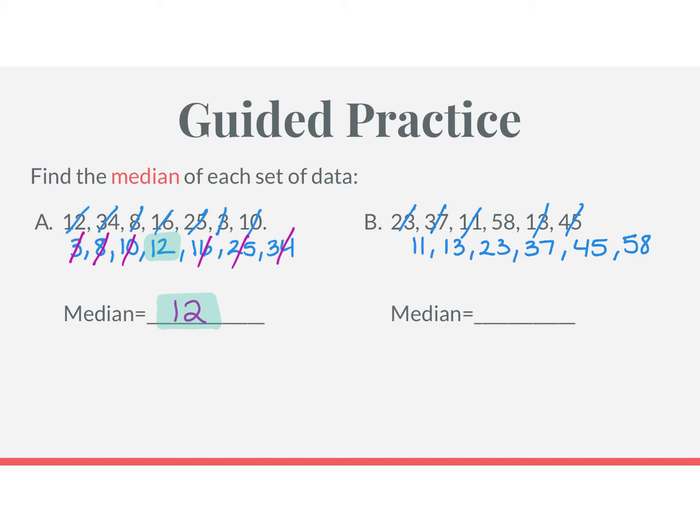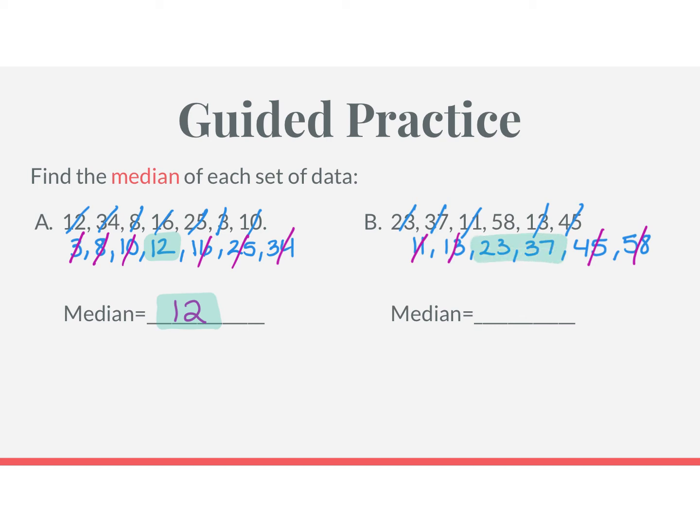Next, I will cross out one number at a time from both sides till I reach the middle. I can cross out 11 and 58, 13 and 45, and then I'm left with 2 numbers in the middle, 23 and 37.